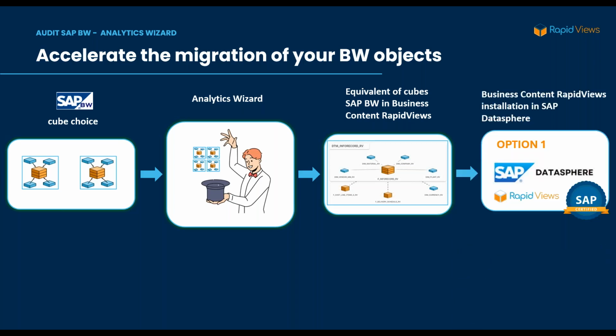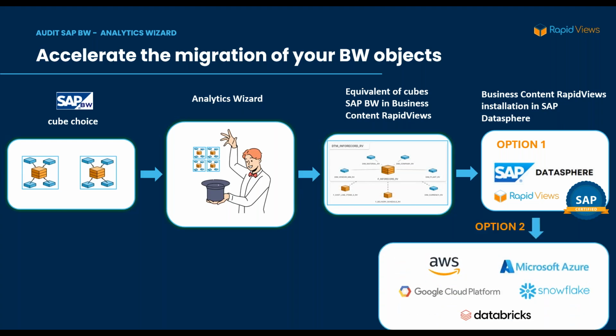In this case, option one, you can use SAP DataSphere, because today we provide our business content on ECC on HANA, S/4HANA, or also, of course, SAP DataSphere. And option two, be able from SAP DataSphere to export your predefined data mart, which is the closest to your BW cube, to any kind of data lake.